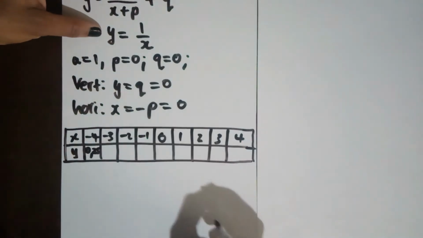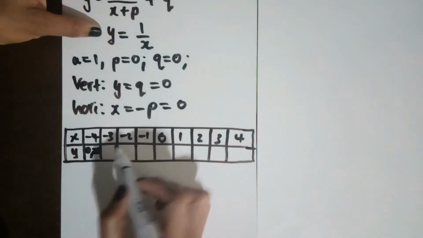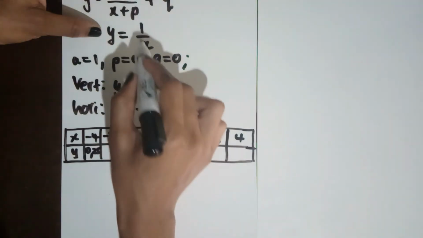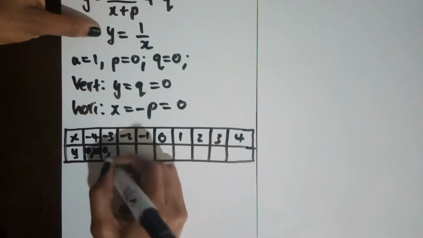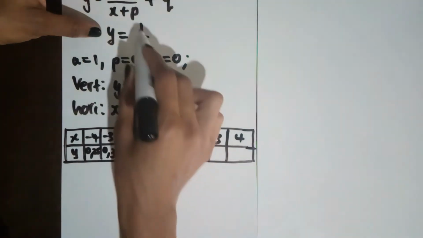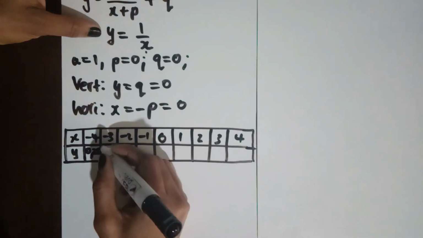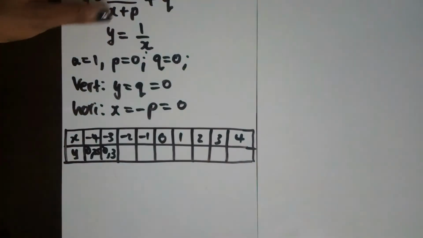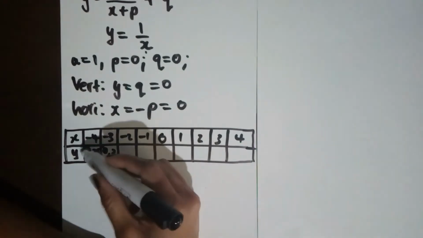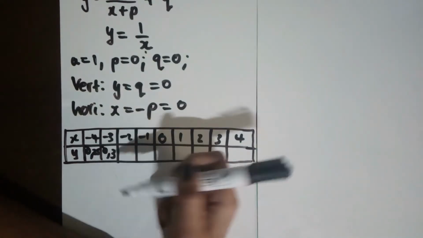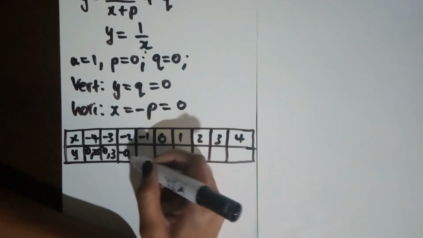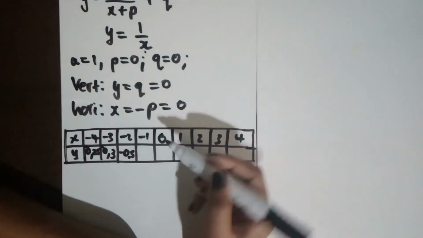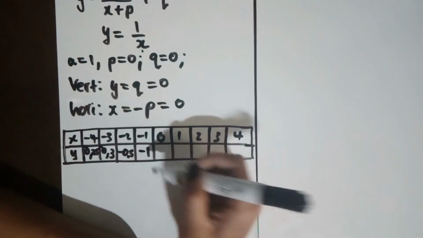If x is 3, it means it's going to be 1 over 3, which is 0.3. And if x is -2, remember I keep forgetting the negatives. So this is -0.25, -0.3. This one is going to be -0.5. Then this is going to be -1.